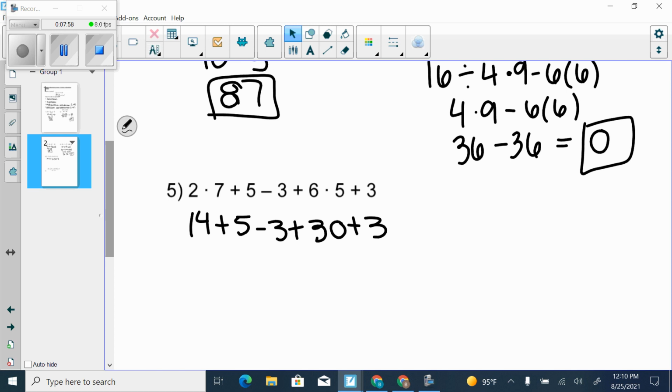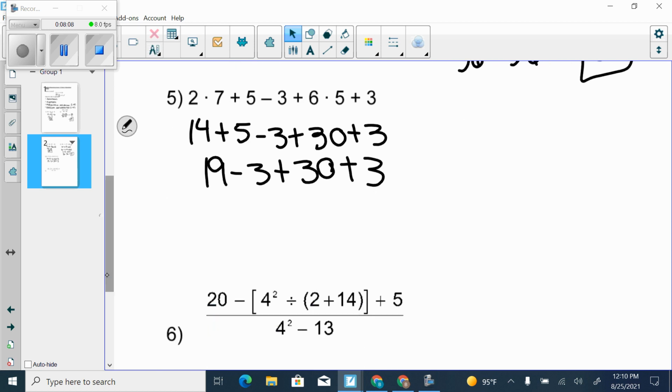Okay, 14 plus 5 is 19. So I got 19 minus 3 plus 30 plus 3. 16 plus 30 plus 3. Right? 49. Very good.